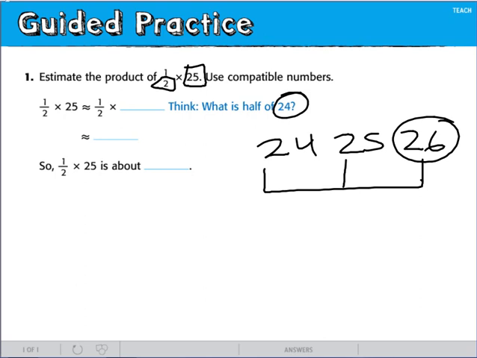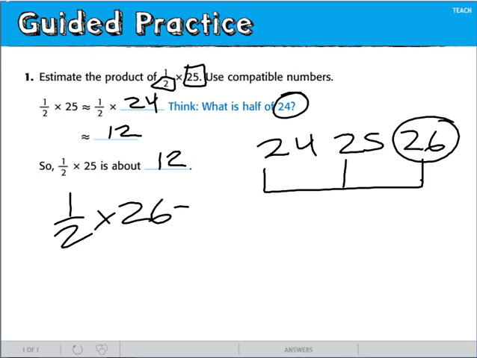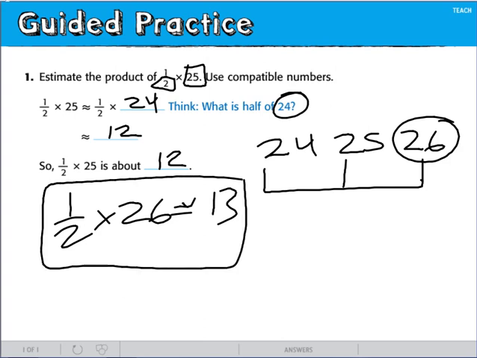Okay? So because of where this falls, they want us to use 24, which is about 12, correct? Yes. If for some reason you came in and you said, well, 1/2 times 26, I could support that.